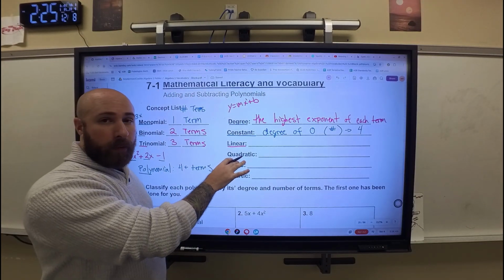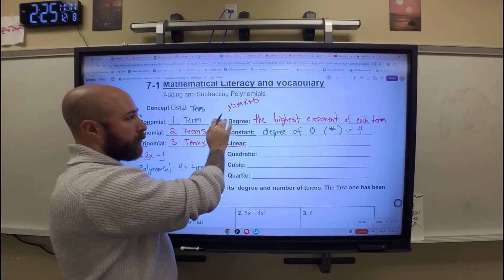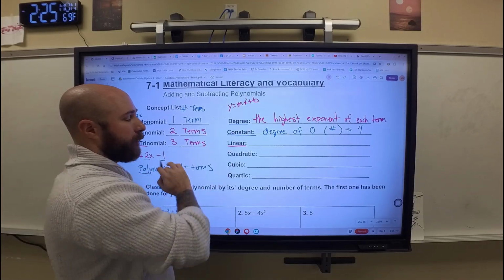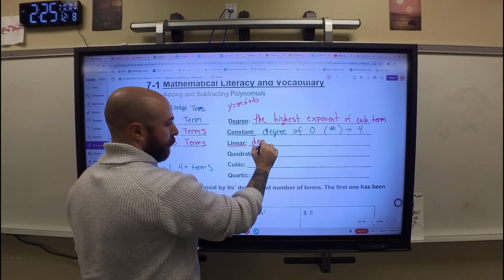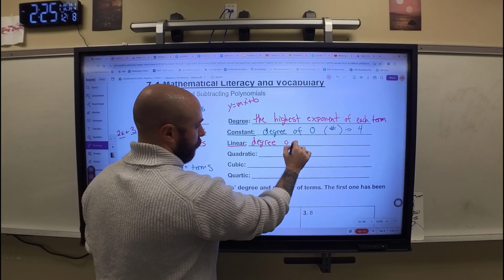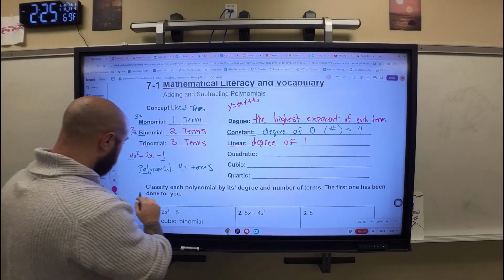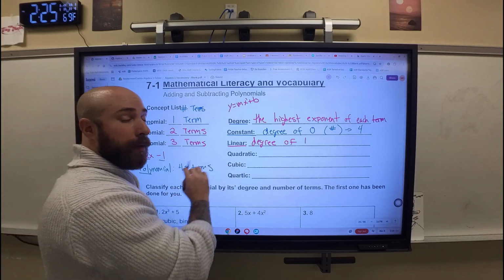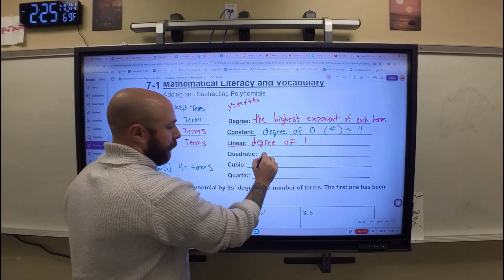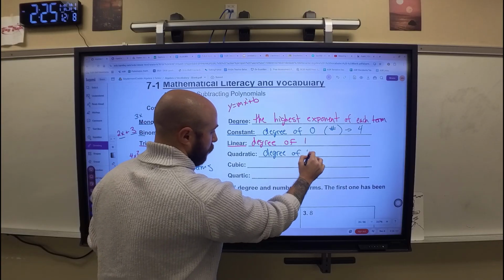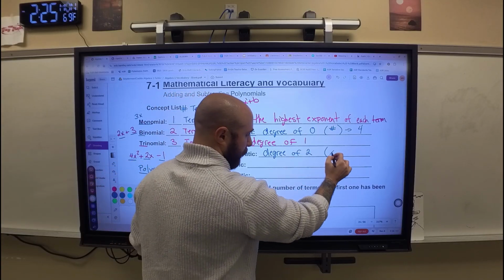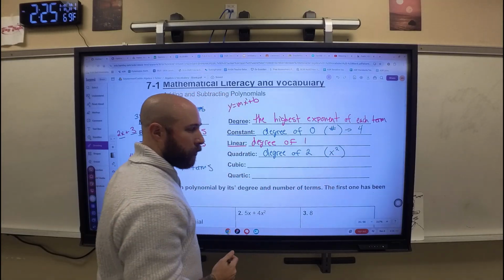So linear, we've dealt with linear before with y equals mx plus b. X has an exponent of 1 on it, so those have a degree of 1. Quadratic functions, we haven't dealt with quadratic yet. Those have a degree of 2, so the highest exponent is a 2.